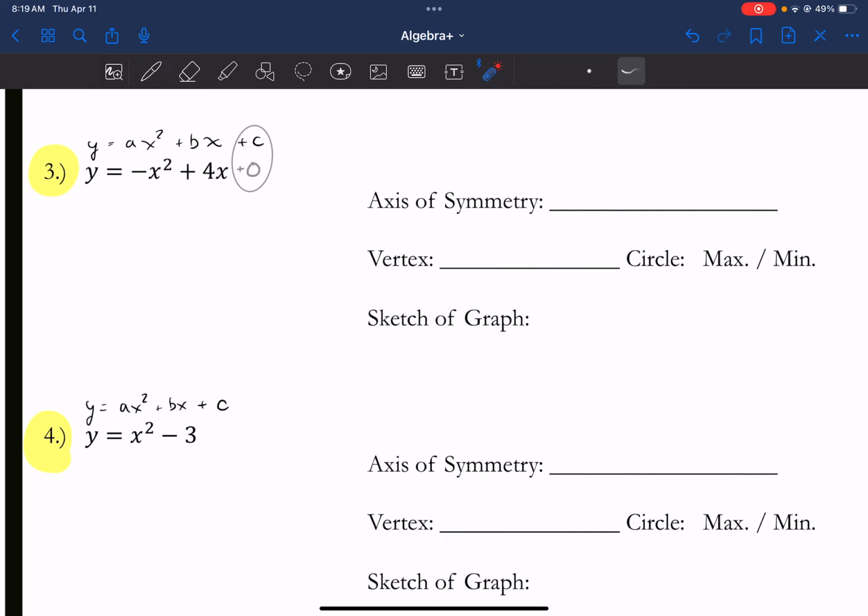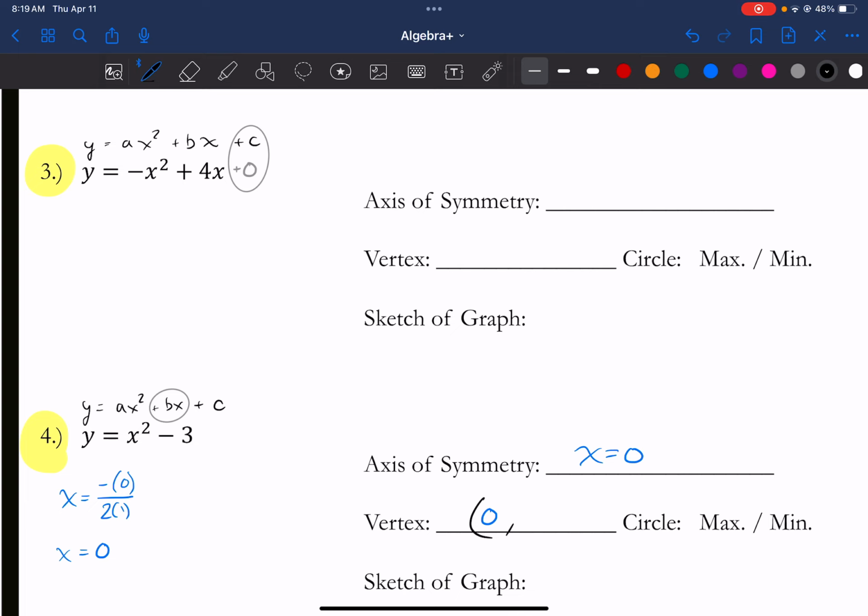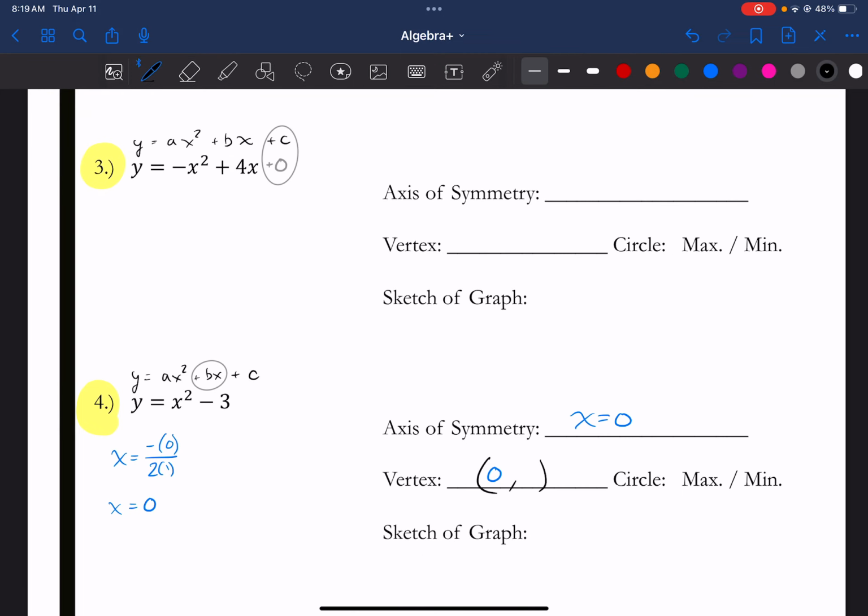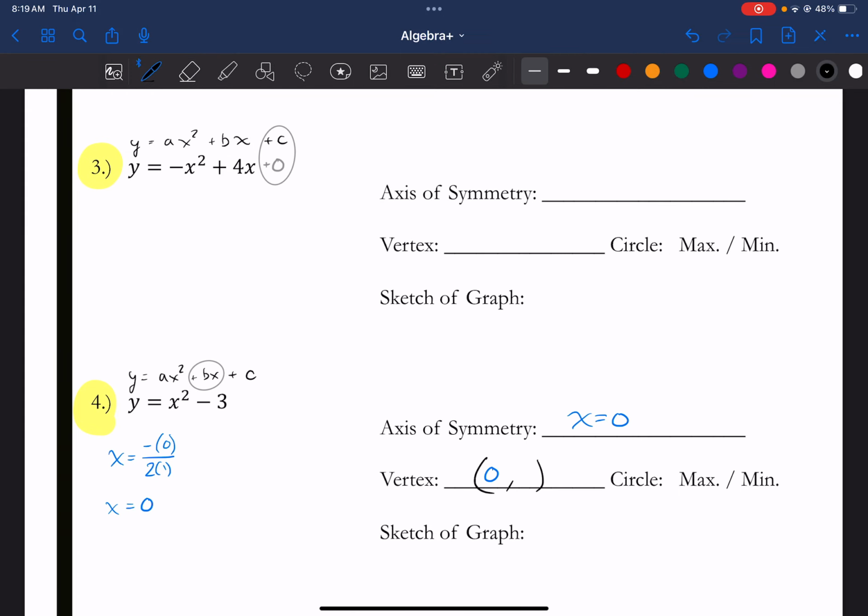If I were to line this up, here's my x squared, my c, your bx is missing. So when you substitute for that axis of symmetry, you're going to have a 0 in that b spot, which means your x is just 0. This is where the vertex ends up being on the y-axis once you solve it. Pause it and see if you can finish the rest before you check your answers.